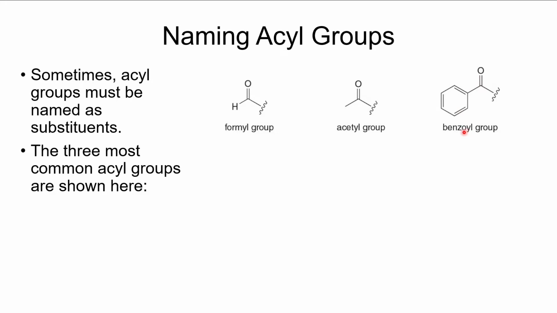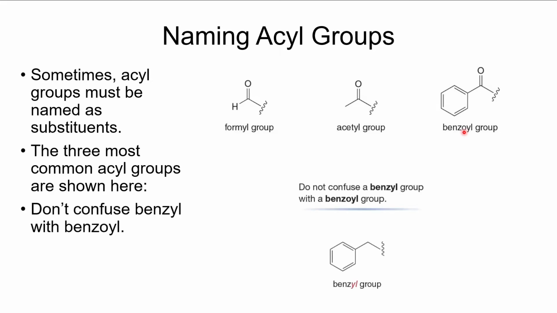Now, one thing that I want to mention about this is that I don't want you to confuse benzyl with benzoyl. They are very similarly spelled, but they are different. Benzoyl is specifically when we have the carbonyl and the phenyl group attached. Benzyl is when we have a benzene ring and a CH2, and then that is attached.